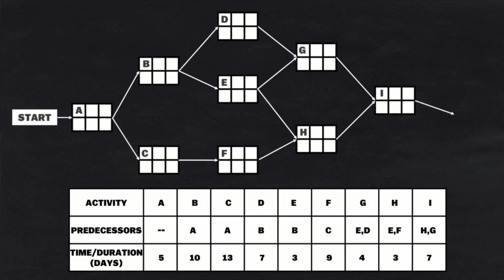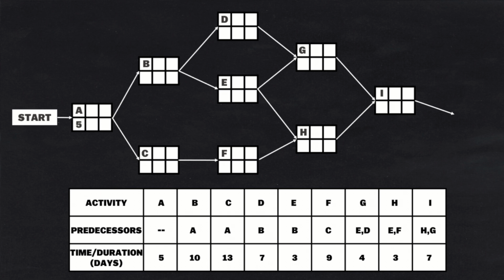With our activities arranged, it's time to perform the forward pass. But before that, first we will need to identify the time of each activity to ensure they correspond to them. And we will continue filling in the blanks for ES, EF, LS, and LF.